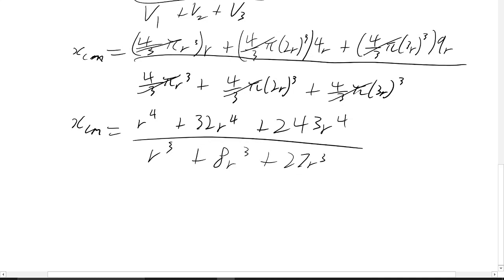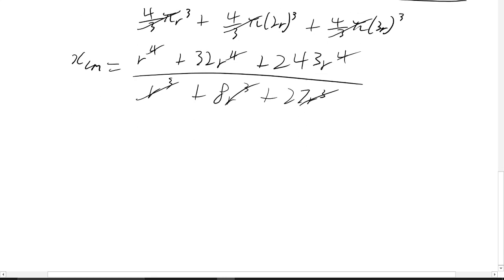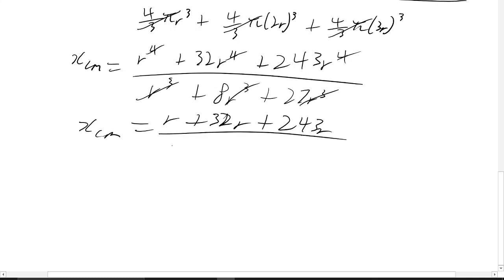And now we can cancel out some r's. We have r cubed in all the bottom terms and r to the 4 in all the top terms. So we can get rid of the r cubes completely and then simplify the r to the 4 to just r. Then we're left with xcm equals r plus 32r plus 243r divided by, no, that's 1 plus 8 plus 27.